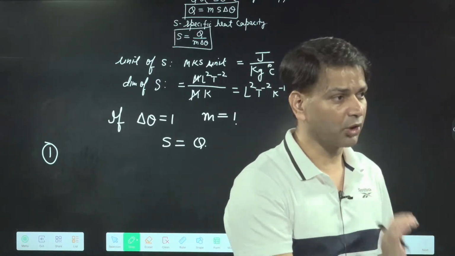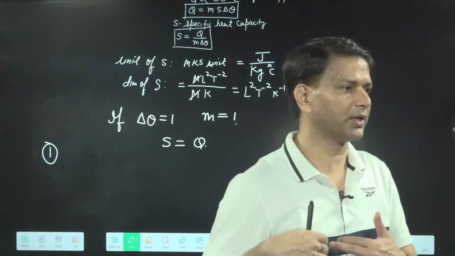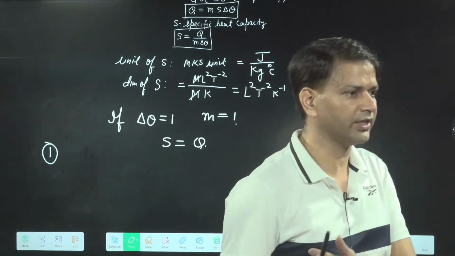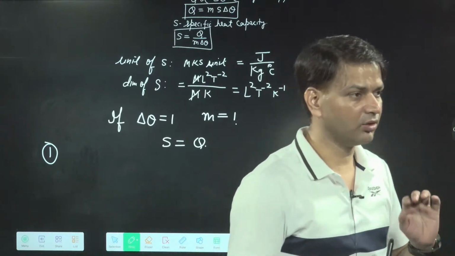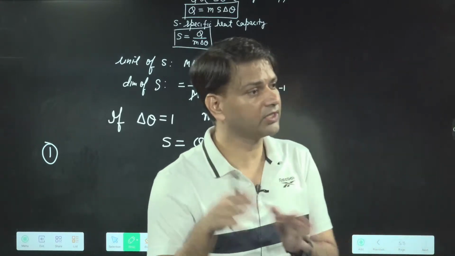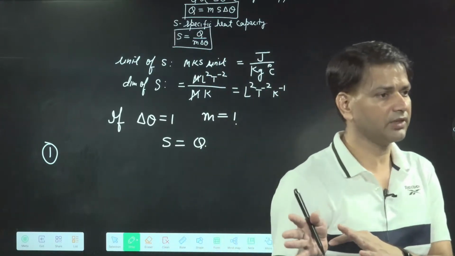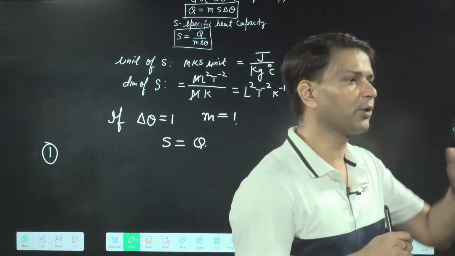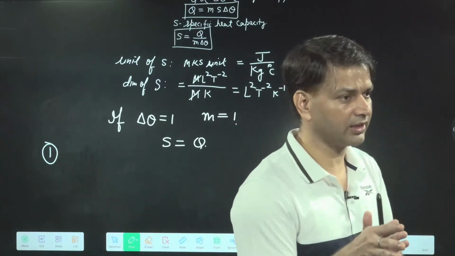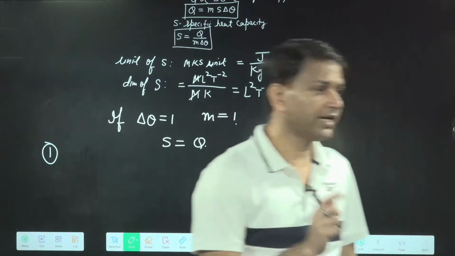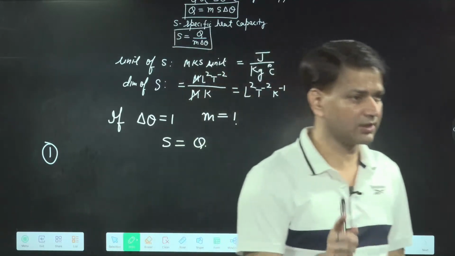Copper will have its own specific heat, iron will have its own specific heat. But that also varies with temperature. Theoretically, in a problem we will take the specific heat the same, but specific heat also varies with temperature. So S is the property of the substance.